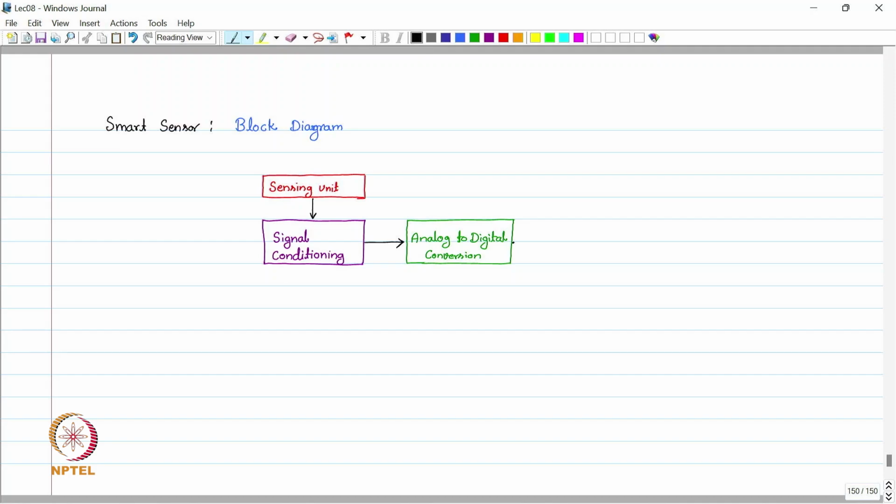After this, the data is sent for application of algorithm.